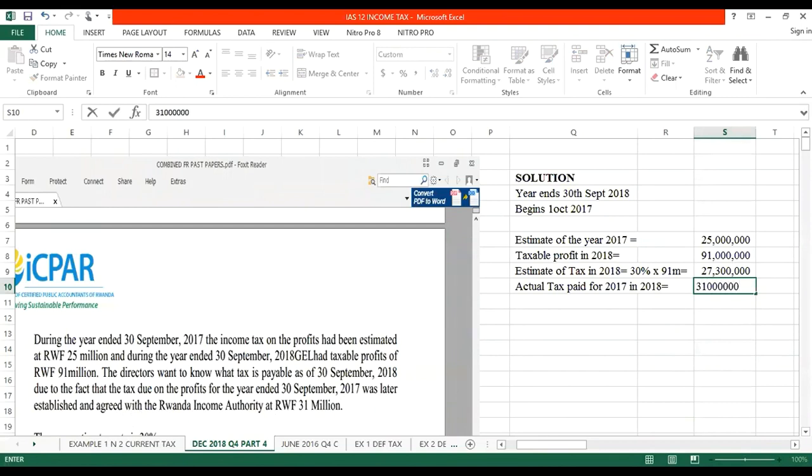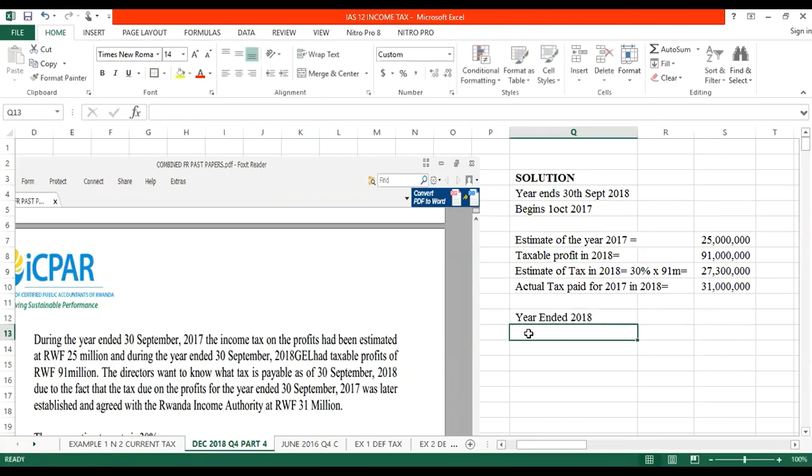So that is the tax actually paid. Now with this, we can look at the year ended 2018. You'll have to find what is the estimate of the year. Estimate of the year 2018 is this.